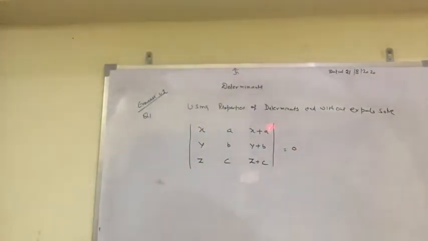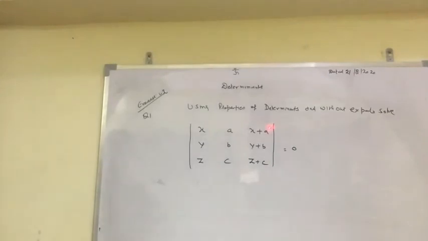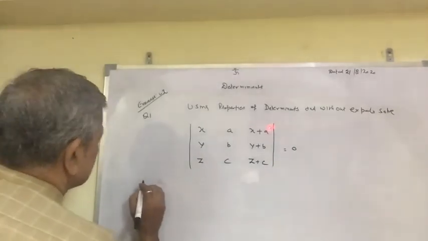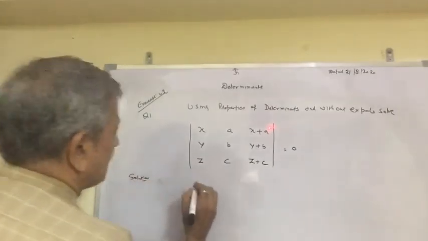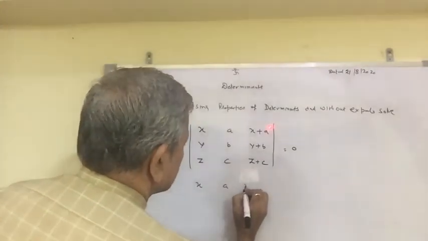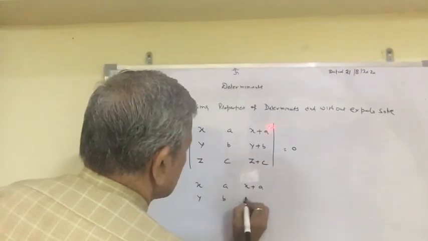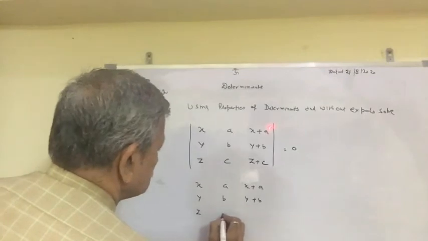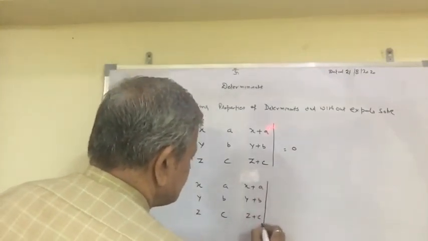Now how to solve these questions? We have to do it similarly, as per the rules of determinants. I'll write down the values first and apply the rules of determinants to solve these questions.